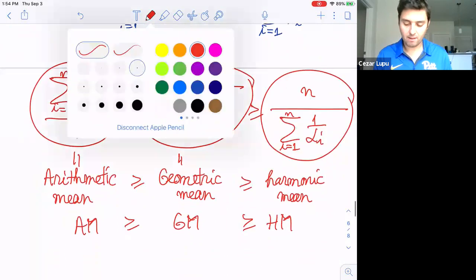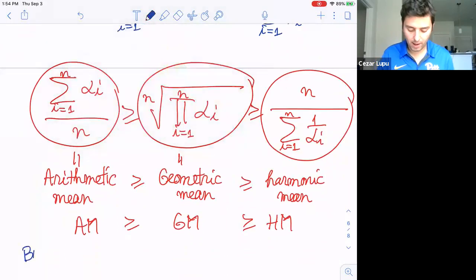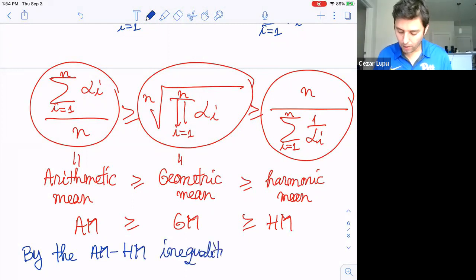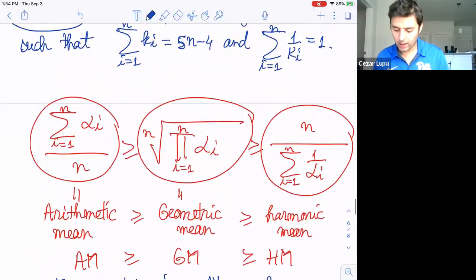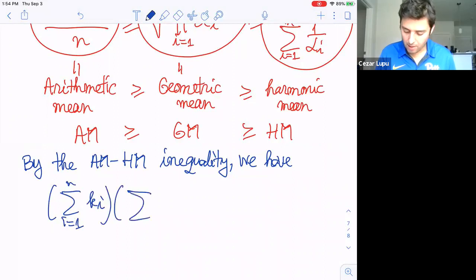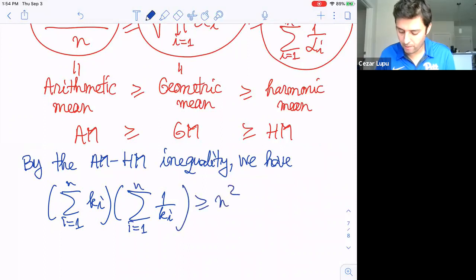By the AM-HM inequality, we have the sum of ki times the sum of 1 over ki is greater or equal than n squared.